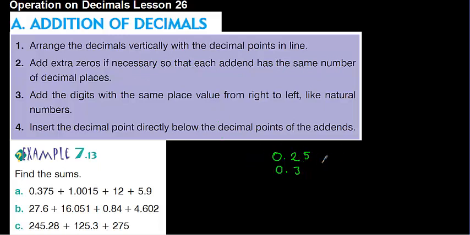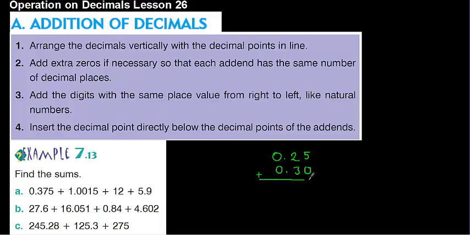So here we have two decimal places, here we have one decimal place, so we may add a 0 for addition. Add the digits of the same place value from right to left like natural numbers.